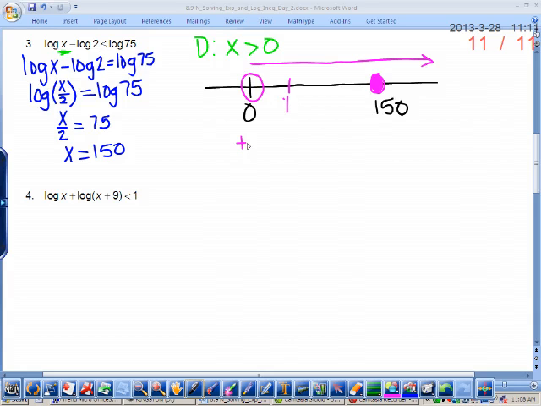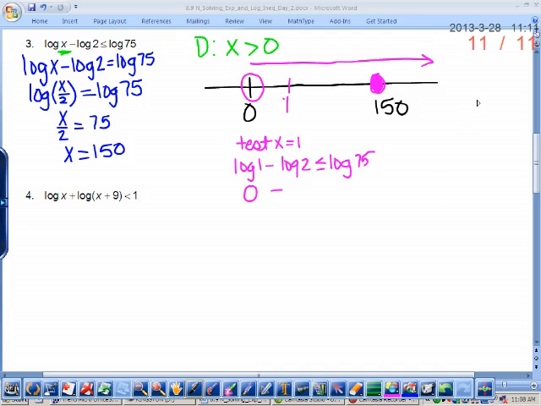So if I test x equals 1, I'm going to have log of 1 minus log of 2 is less than or equal to log of 75. Okay, log of 1 is 0 minus, think about log of 2. Is that a positive number or a negative number?